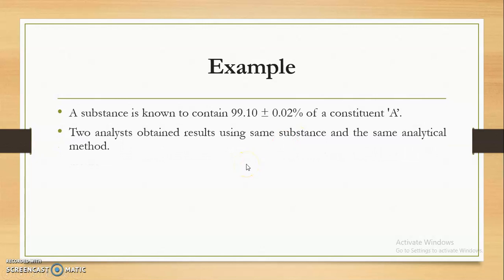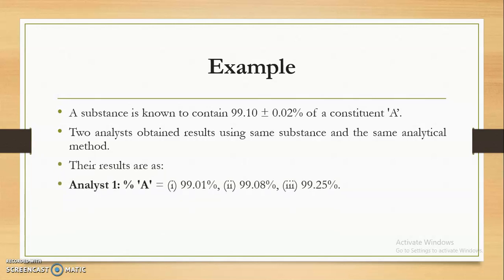Now two different analysts have performed the analysis in the same analytical conditions. Then their results are, for example, the first analyst has results like 99.01, 99.08 and 99.25. Okay, what is the expected value? 99.10 plus minus 0.02%.